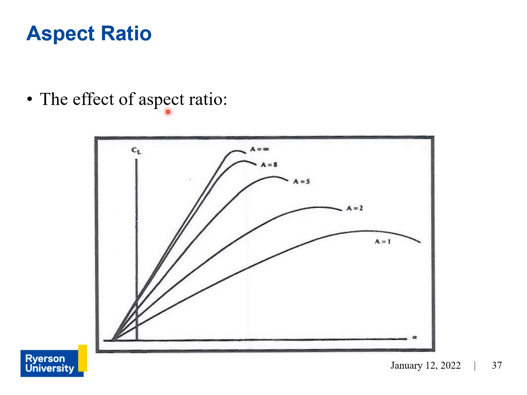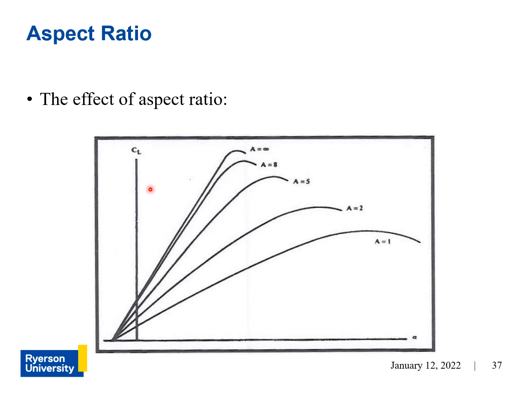So a high aspect ratio wing does not experience as much loss of lift and an increase in drag due to the tip effects in comparison to a low aspect ratio wing.